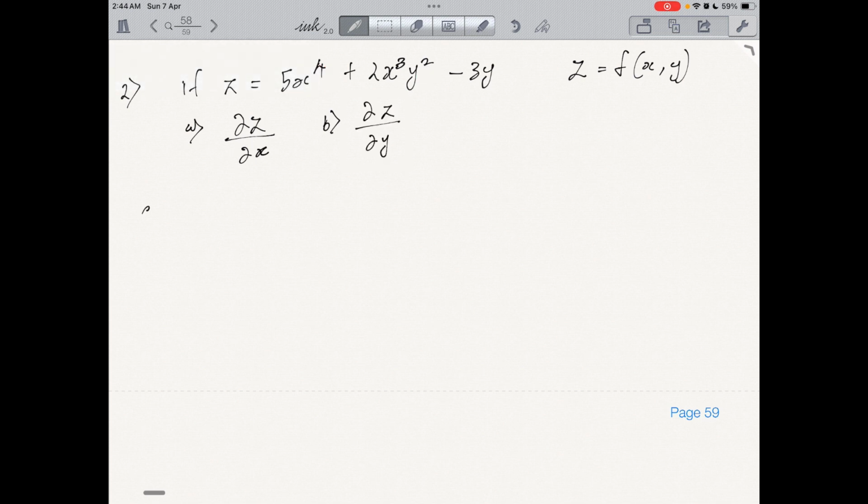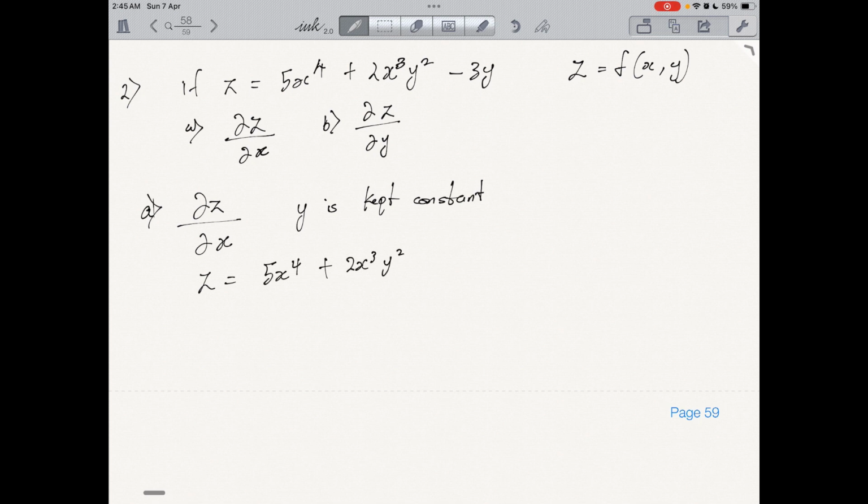Therefore, let's evaluate the partial derivative of z with respect to x. We keep y as a constant. Since z is equal to 5x raised to power 4 plus 2x cubed y squared minus 3y, let's put into brackets what is kept constant.